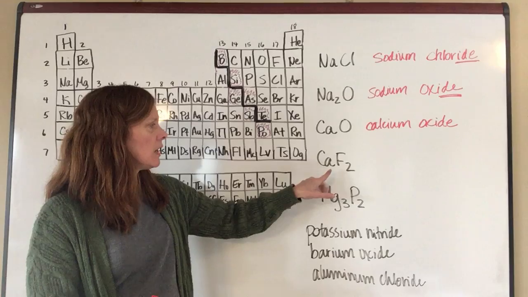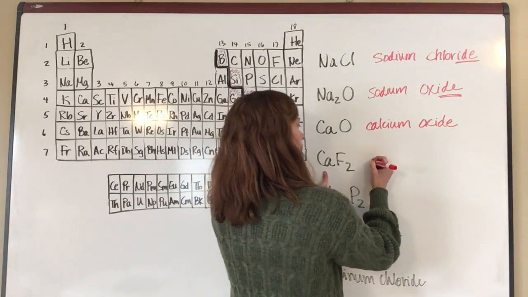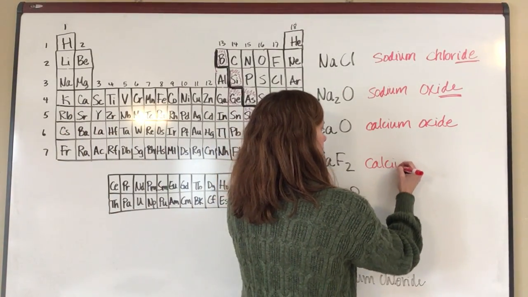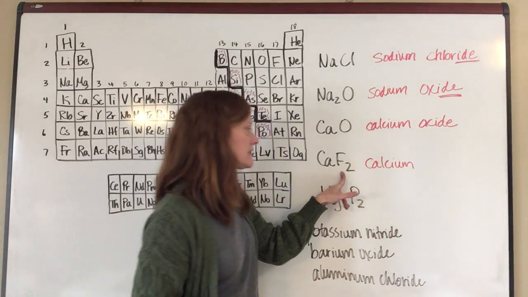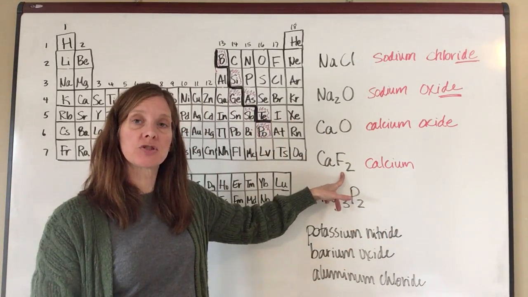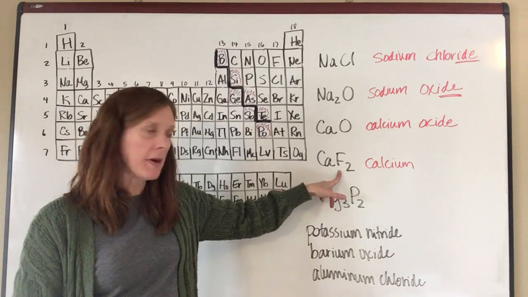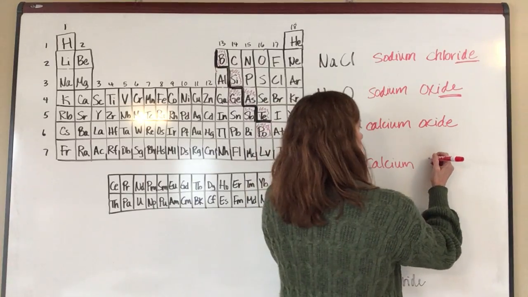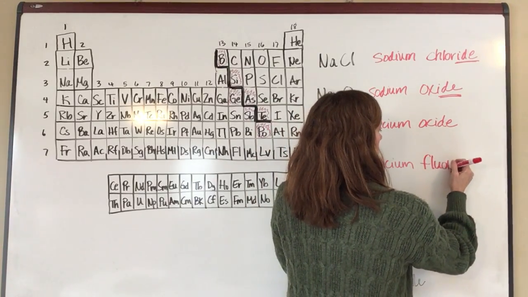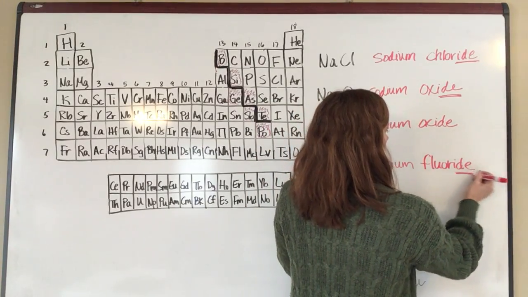Okay, how about this one? Calcium. So we used that one before. So there's calcium. And what is this element? Well, F is fluorine, but when it's the second element in the compound, instead of calling it fluorine, I'm going to call it fluoride with an IDE ending.